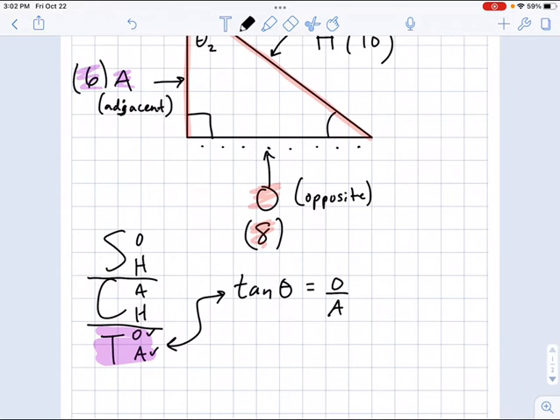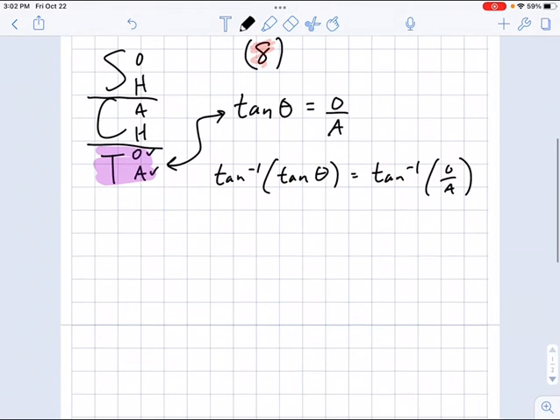All right, so now, to solve for theta, we would actually need to take the inverse tangent of the tangent. Those are inverse operations. And in math, whatever you do to one side of the equation, you should do to the other in order to keep the two sides equal.